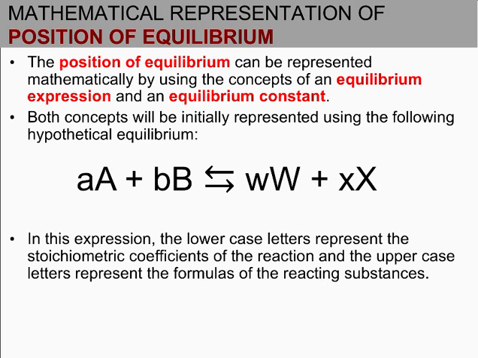A and B are reacting to produce W and X, or maybe the reverse reaction is occurring. We'll find out. In this expression, the lowercase letters represent the coefficients of the reaction, our balanced coefficients, and the uppercase letters are the actual molecules that are reacting or being produced.